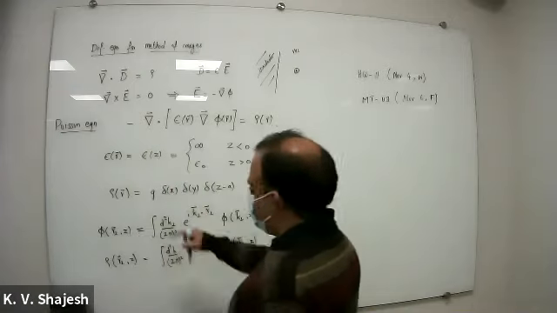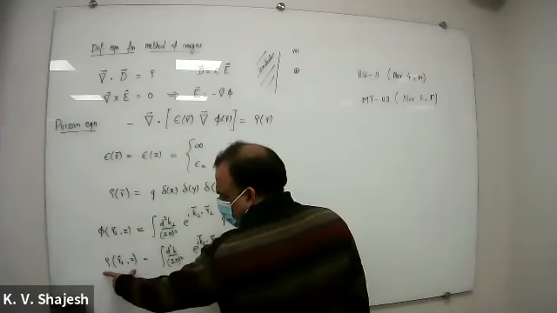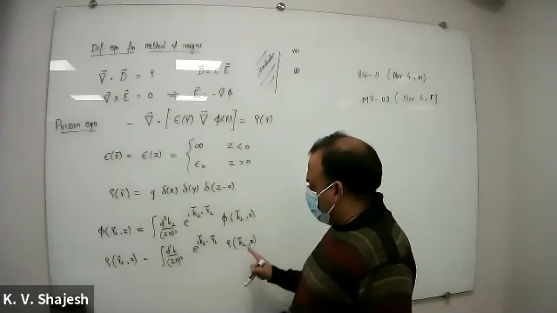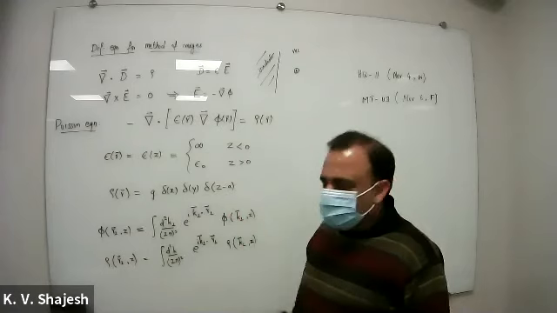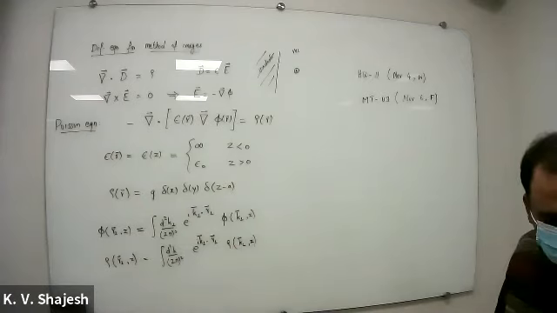In fact, this is for any general charge. For the very particular situation here, this will come out to have no k dependence, and we'll show that in a few minutes.